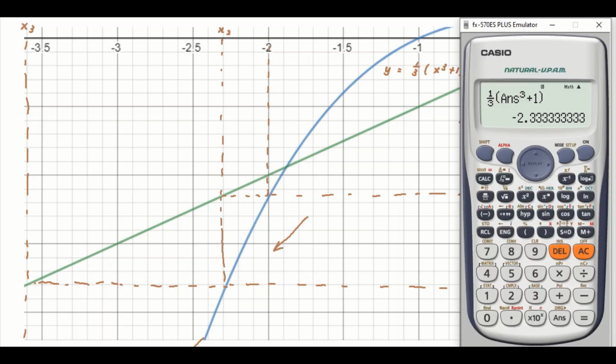You remember? The first value that I get for my x2 is -2.3. You can see -2.3 is roughly here. When I substitute again, I get my next value over there. You can see it's roughly -3.9. I mean, it's not accurate because of the drawing and so on, but the idea is that it's like -3 point something over here.